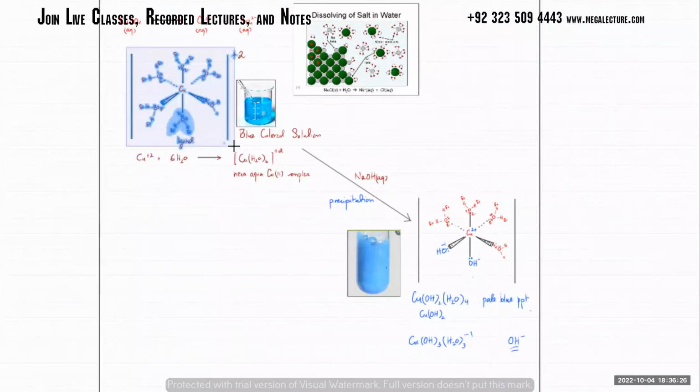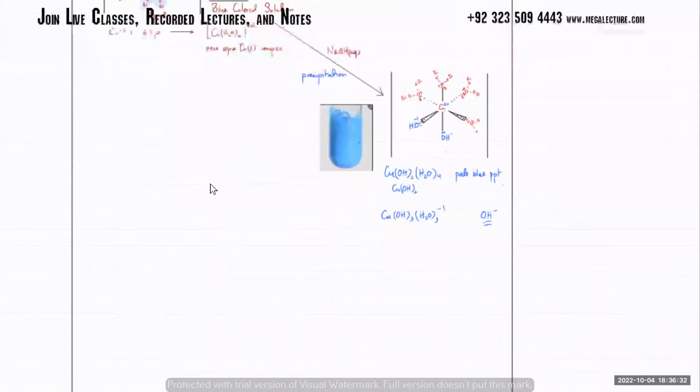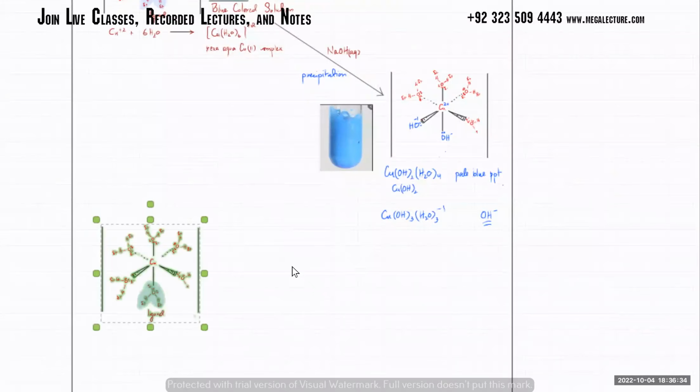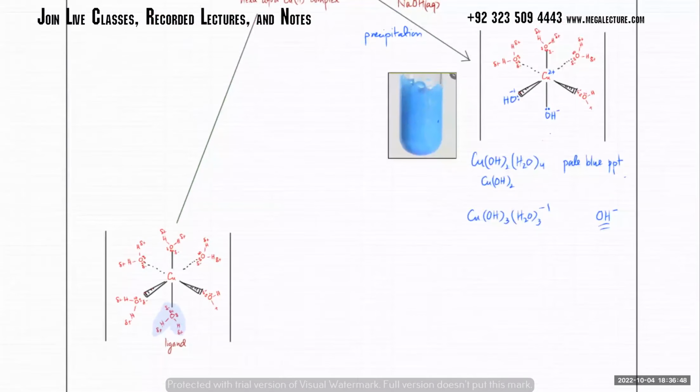So when you add ammonia to this thing, you can add ammonia to either one of them. You can add ammonia from this point all the way to this point. You can also convert this complex over here into this complex as well.